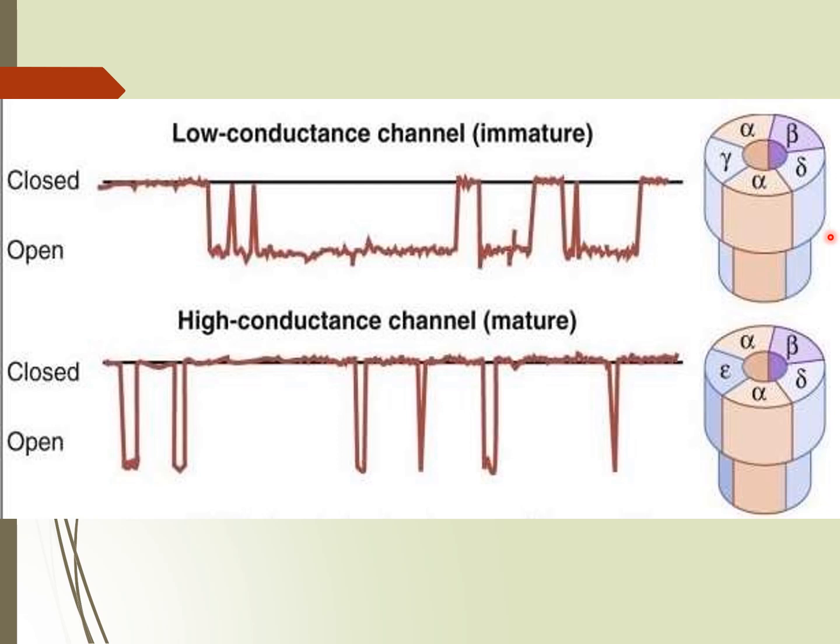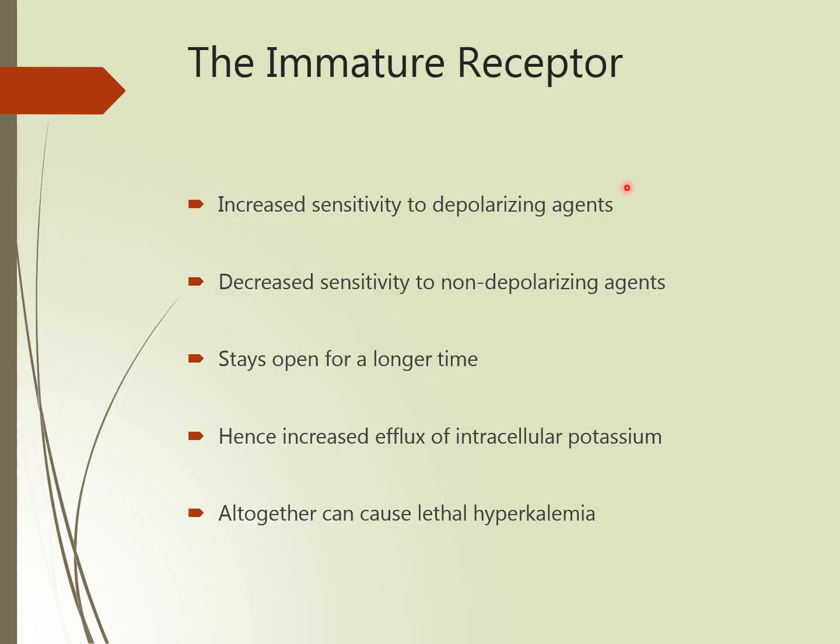These are the low conductance immature channels, and these are the high conductance mature channels. Mature and immature channels differ in the conductance, that is the ionic conduction, the movement of ions through the channels. Immature receptors or channels have increased sensitivity to depolarizing agents and decreased sensitivity to non-depolarizing agents.